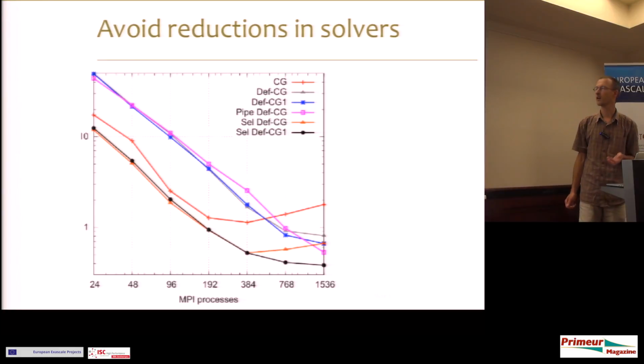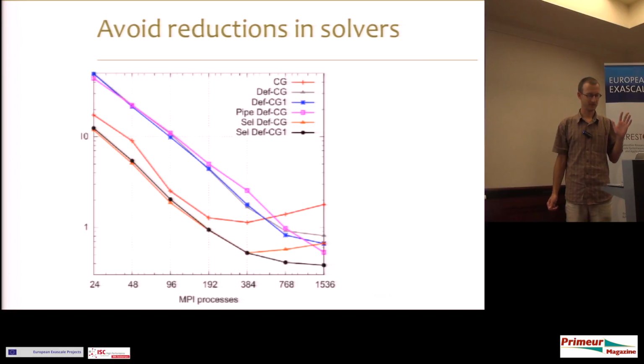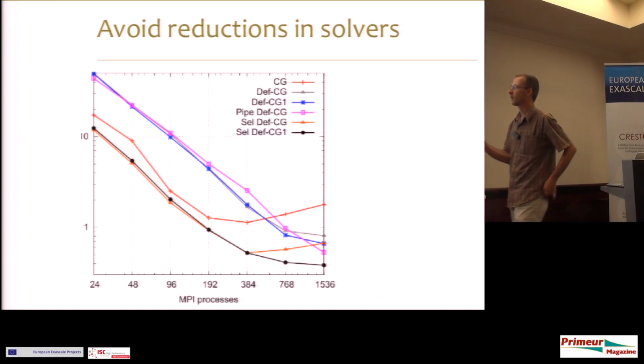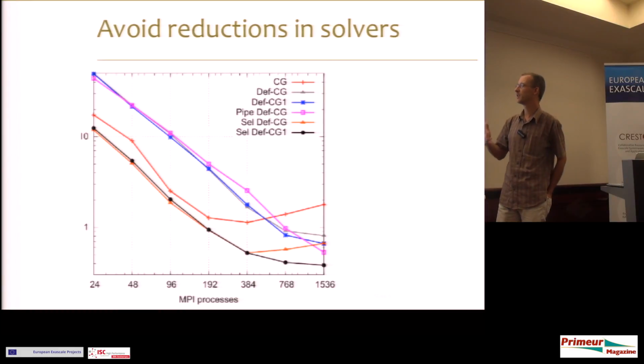Another thing is avoiding reductions. I'm not a solver expert, so don't ask me any nasty questions about this. But this graph shows what the people working on solvers in this project are investigating: the effect of avoiding some of the reductions in your solver, because reductions are very communication intensive.